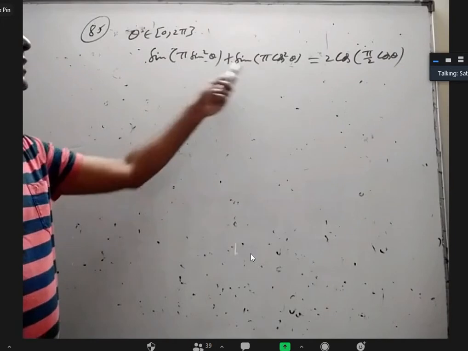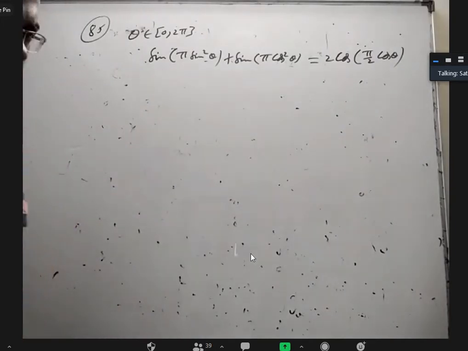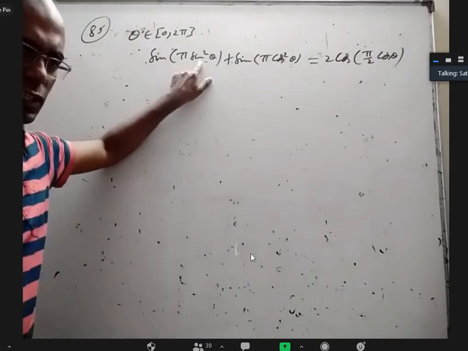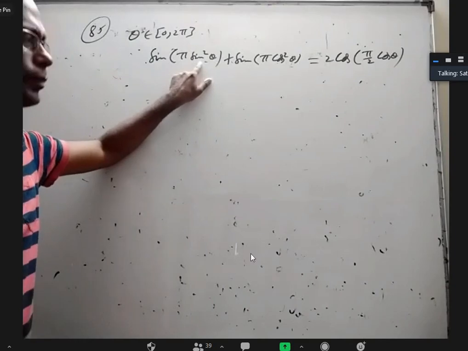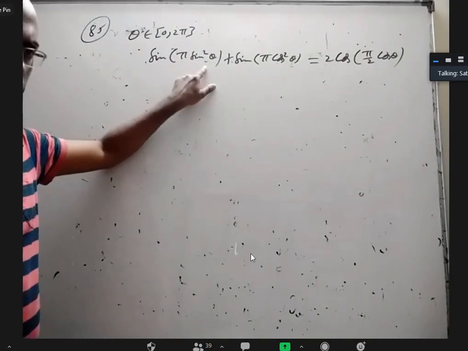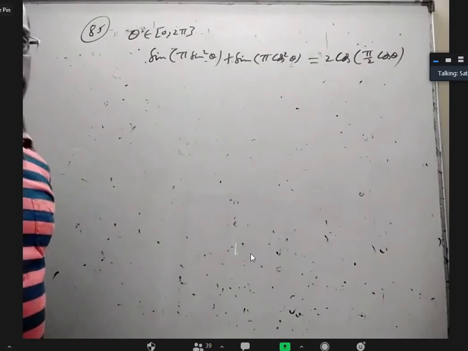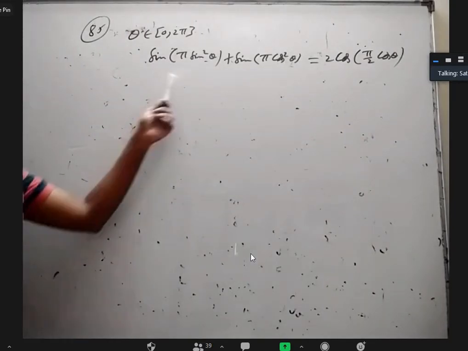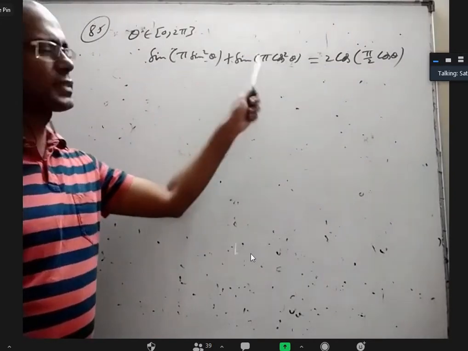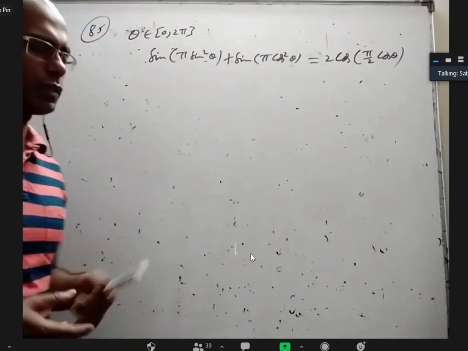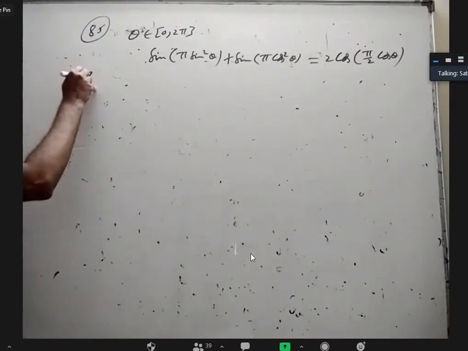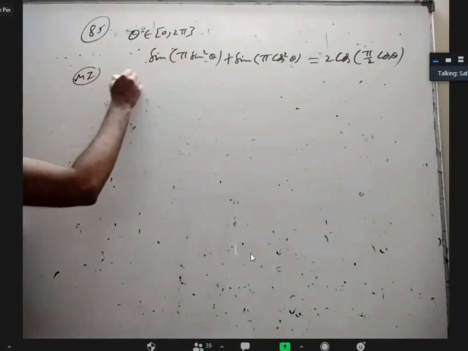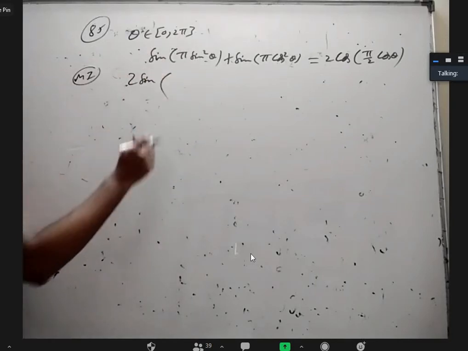Actually, these two are the same. It is possible to prove it. Why? Because if you write sine square theta as 1 minus cos square theta, it will become pi minus pi cos square theta, and sine of 180 minus theta will become sine theta. That is one way to do it. But first of all, I don't want to do that. I want to use transformations, sine c plus sine d. Both will give the same answer. So method 1: sine c plus sine d equals 2 sine of (c plus d) by 2 cos of (c minus d) by 2.